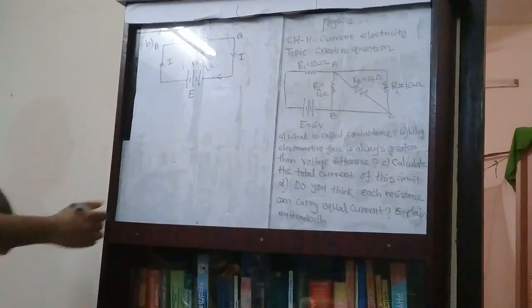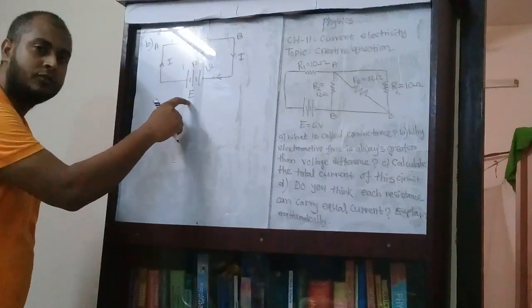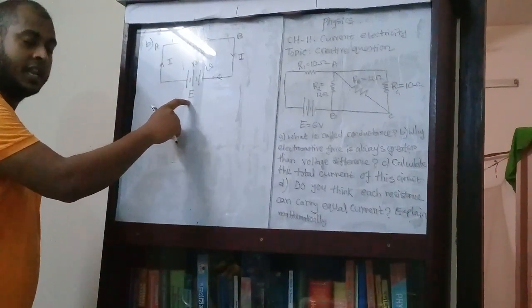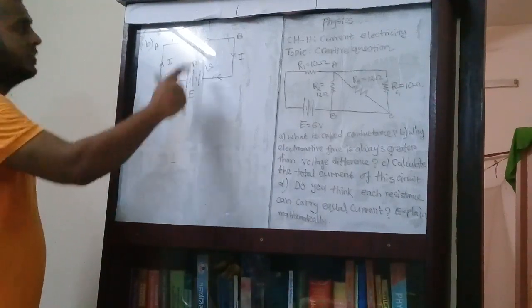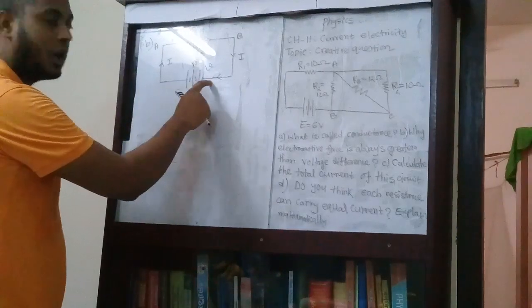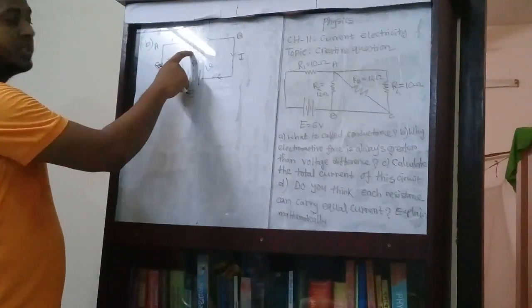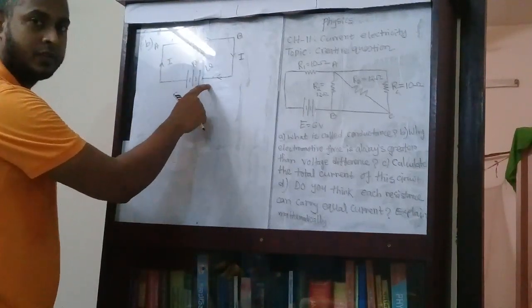So we can say that this is the total voltage or total electromotive force of the circuit, and this E will be the combination of this capital V and this small v.